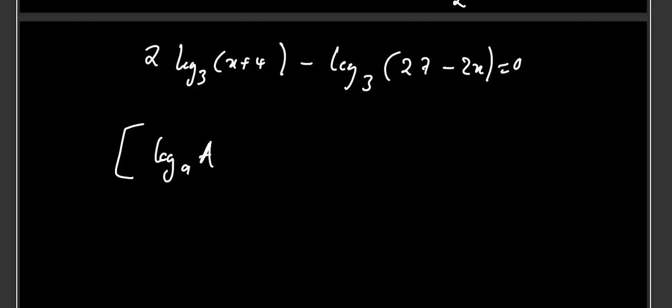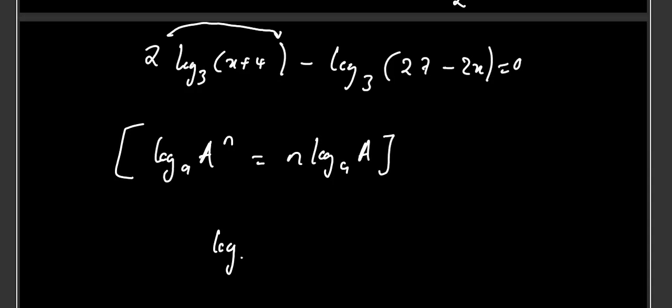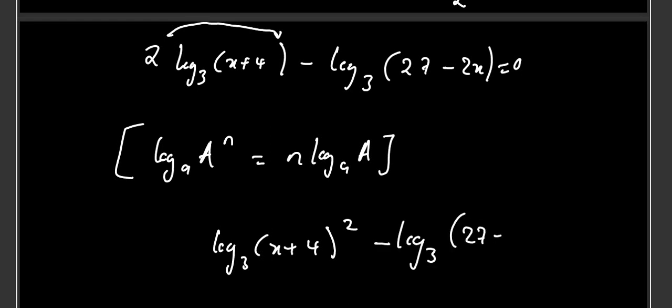Log of a to the n, remember this is the same as n log a, right? This is the rule that we're applying. The 2 will come back here on top. So this is going to be log 3 of x plus 4 to the power 2 minus log. The reason why we're taking back the 2 as the power, the same thing if we had a number here, we would have taken it back here as the power.